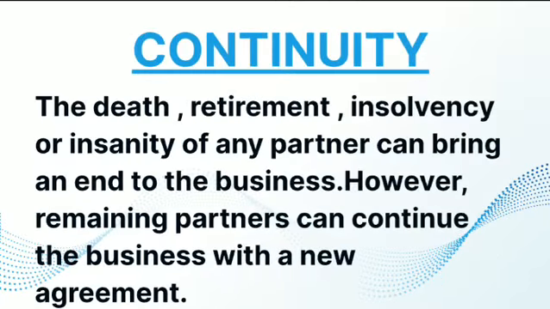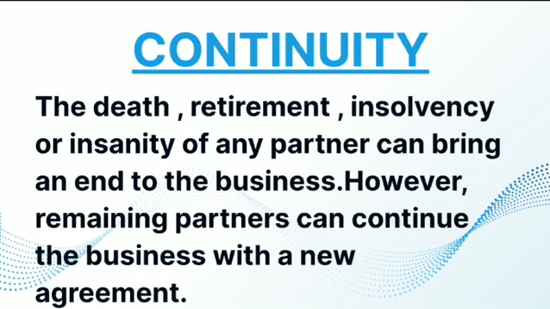Yes, this partnership firm doesn't have a very long life because we know the head of the business, the head of the family, who is called Karta. What happens is the death, retirement, insolvency, or insanity of any partner can bring an end to the business, especially Karta.